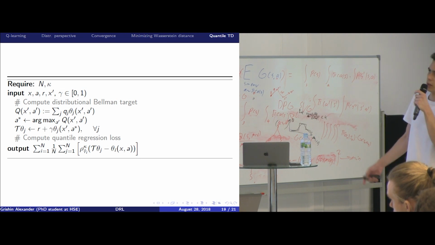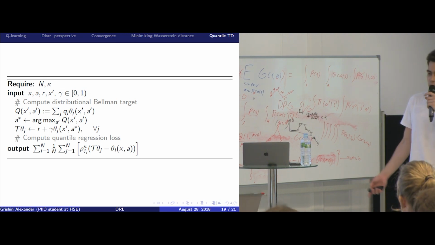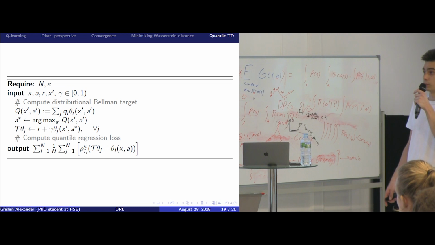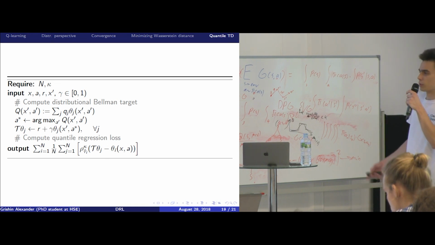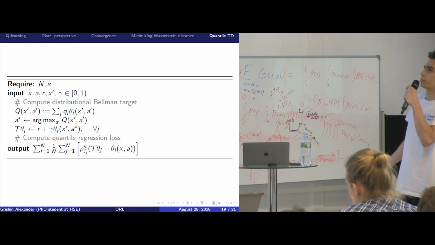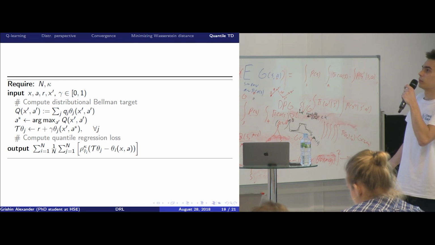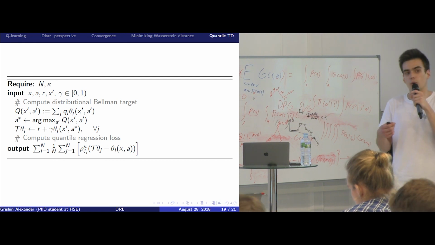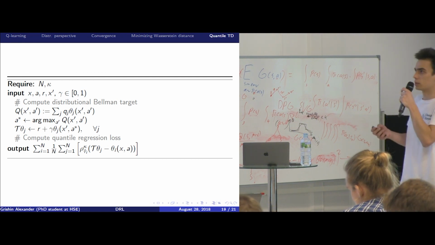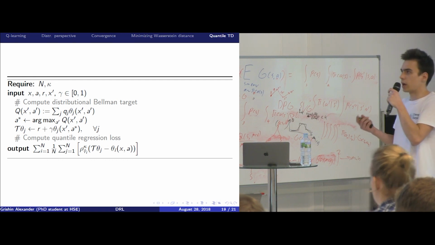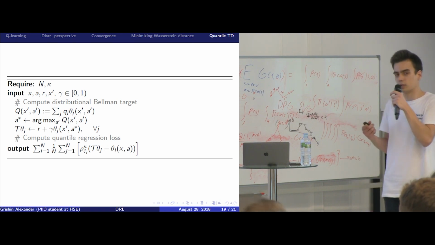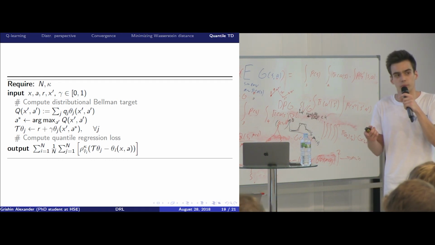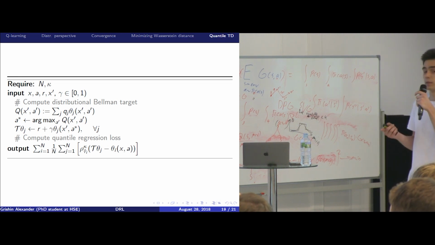So this algorithm just fails. It's an open question how to choose a distributional reinforcement learning algorithm to fit your concrete problem, because it can fail.